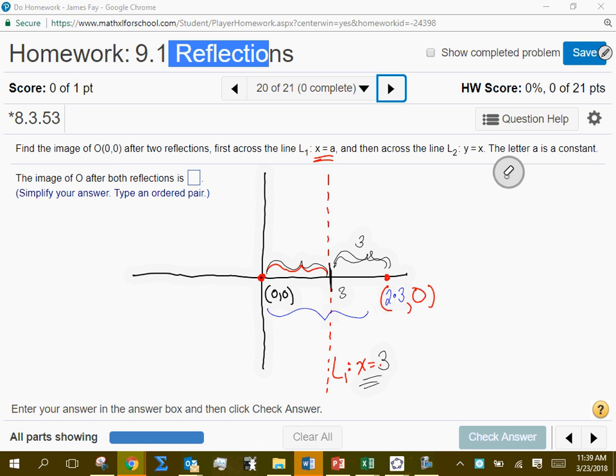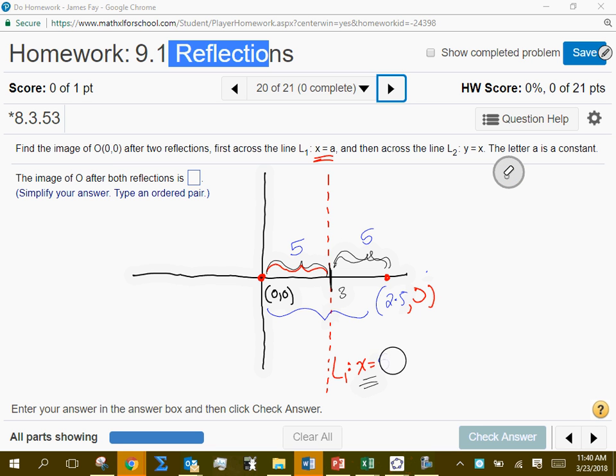What if this x equals 3 was like 5? What would this distance be? 5. What would this distance be? 5. And what would I write this as? Yeah. 10 or 5 times 2 or 2 times 5, right? Does that make sense?